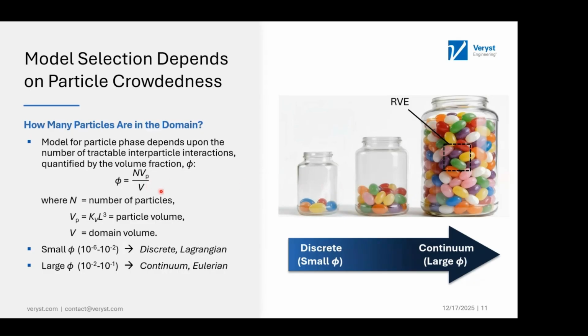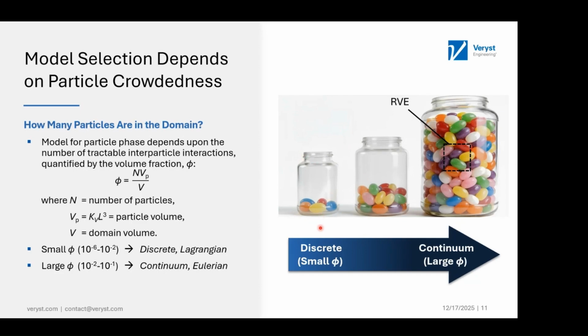The parameter that you might calculate is the volume fraction, which is essentially a ratio of the total volume occupied by the particles relative to the total volume of the domain, and presumably the rest of the domain is occupied by a fluid, either a liquid or a gas. The subdivision of methods is broadly classified as to whether you have a very dilute system or a very dense system.